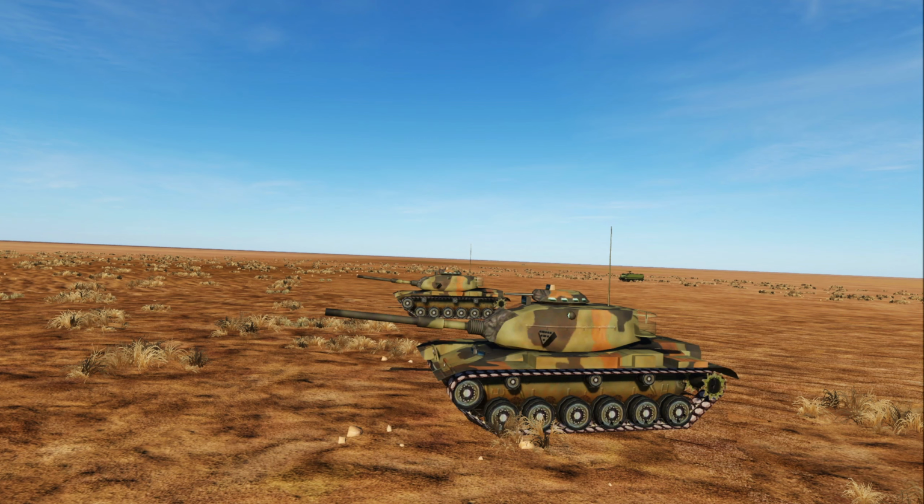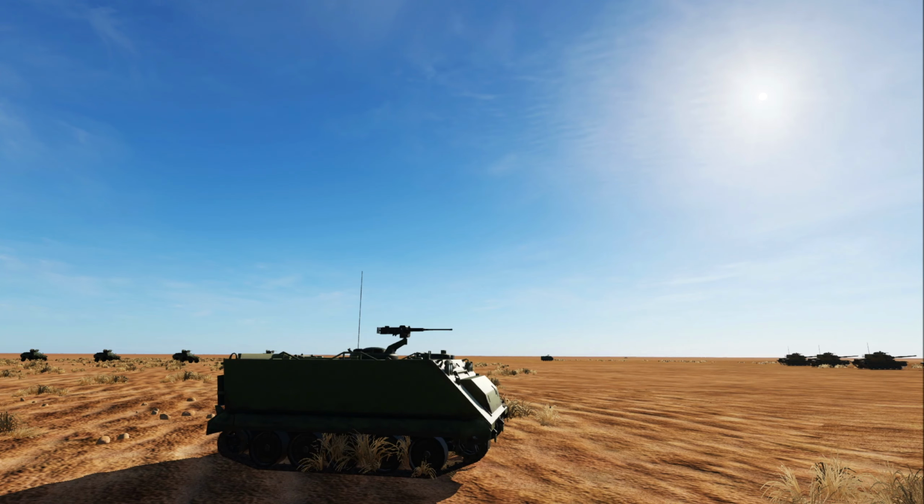Okay, so as I said, our main targets consist of main battle tanks from the late Cold War. These are the M60A3s, the T55As, and of course for APCs we have M113s, BMP2s, BMP1s, MTLBs.